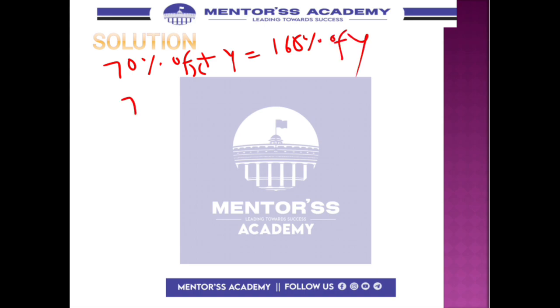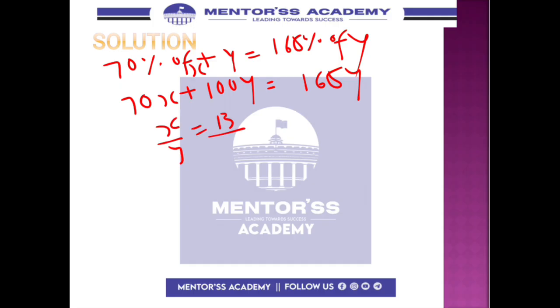That is 70x plus 100y equals 165y. Simple, right? So that would imply x by y equals 13 by 14, right?